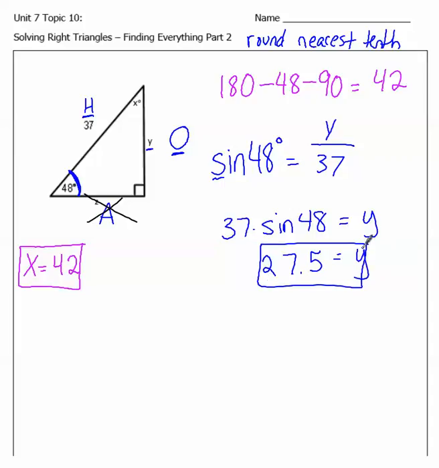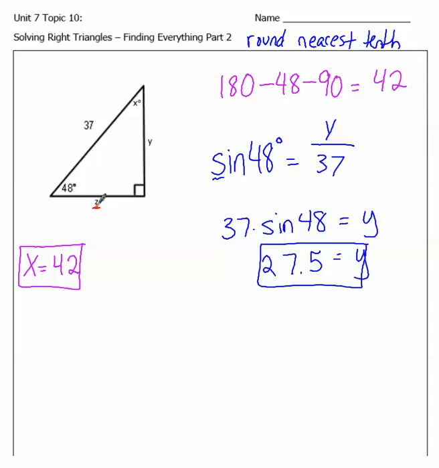So I found x and I found y. I have one more variable remaining, and that variable is z. Let's clear our work here. Maybe you want to draw your triangle again, whatever you need. So I'm looking for z. Technically I now know 2 sides because I found y and I was given the hypotenuse.